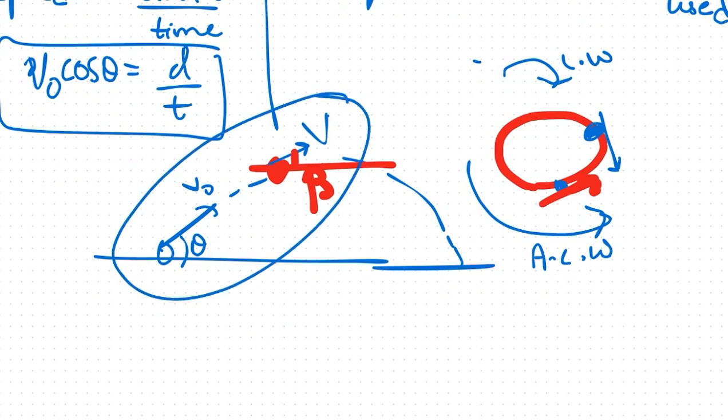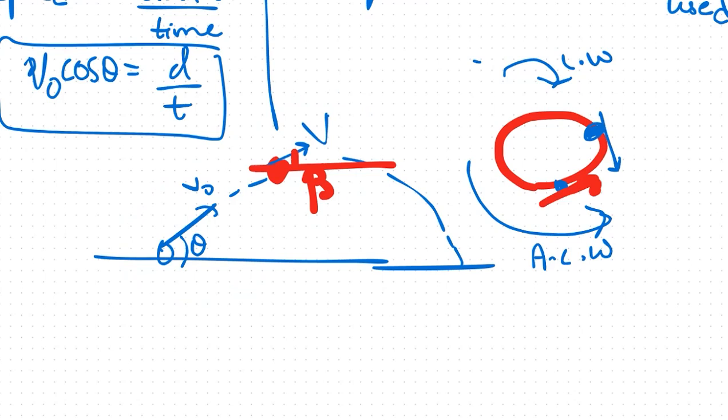What is common between these two? Acceleration along x is how much? 0. So what will be the same?